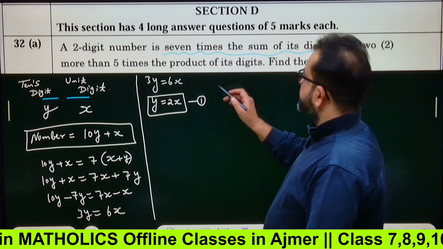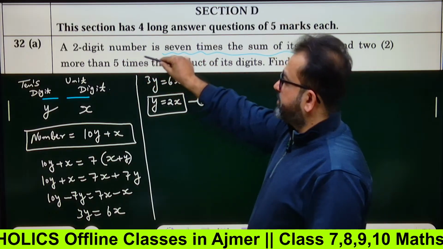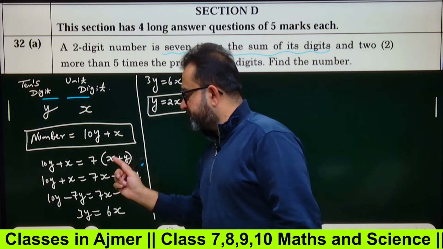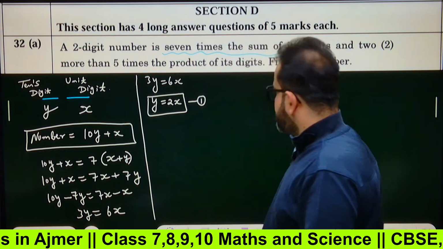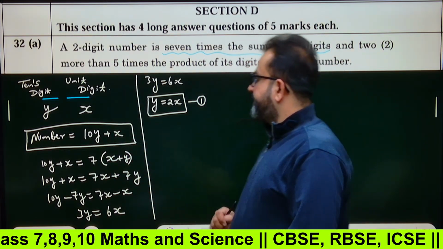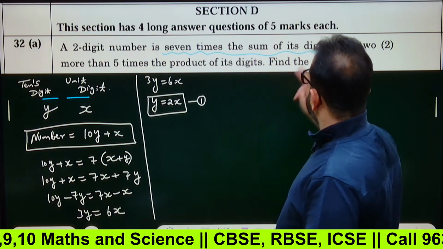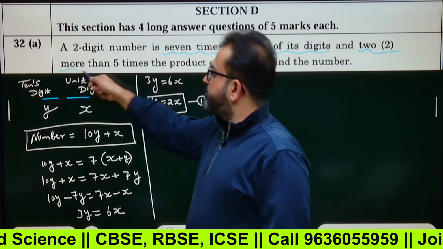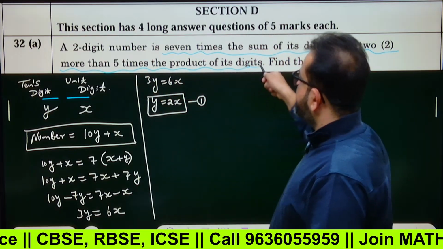Now another relation is given. First it was given that this number is 7 times the sum of digits, that means x plus y. Now it is also 2 more than 5 times the product of its digits.